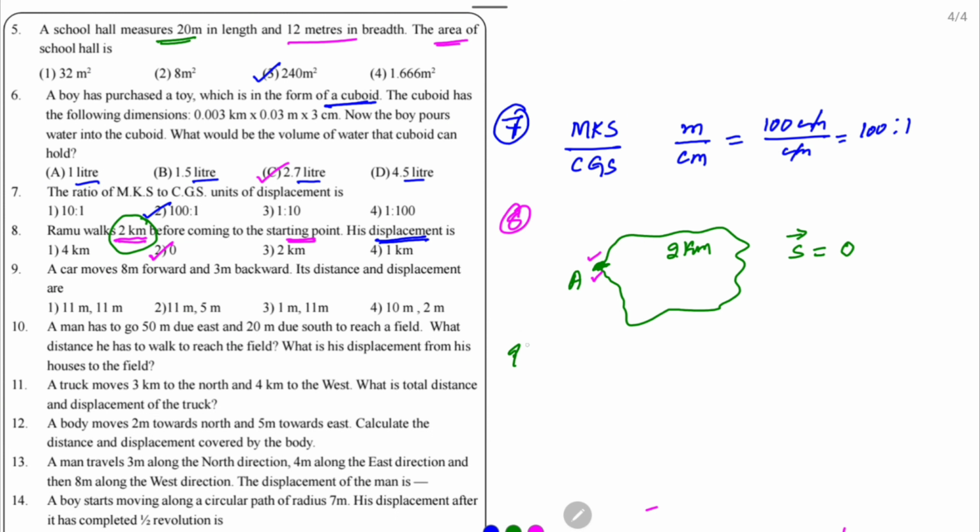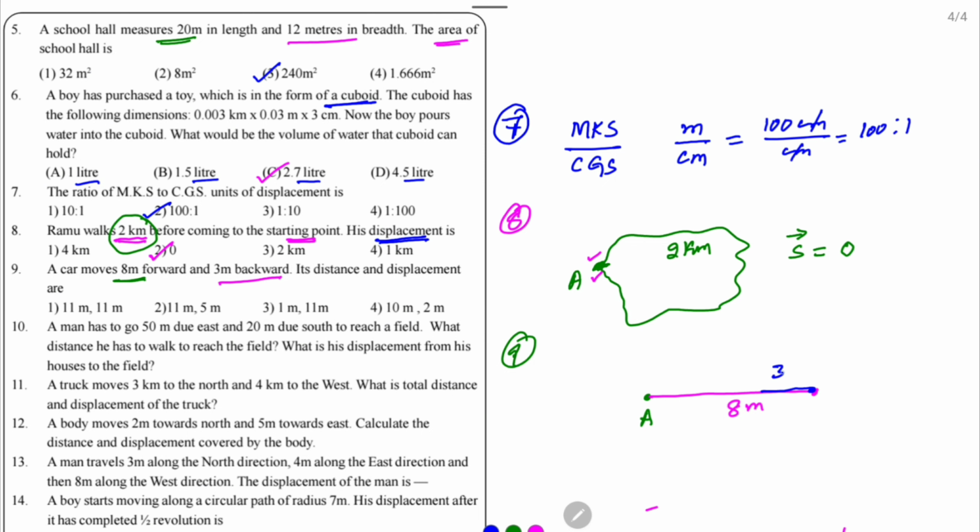Question number 9. A car moves 8 meter forward. So let's assume it is starting from this point A. It is moving in the forward direction first. It moves 8 meters in the forward direction and 3 meter backward. From this point now it is moving backward.